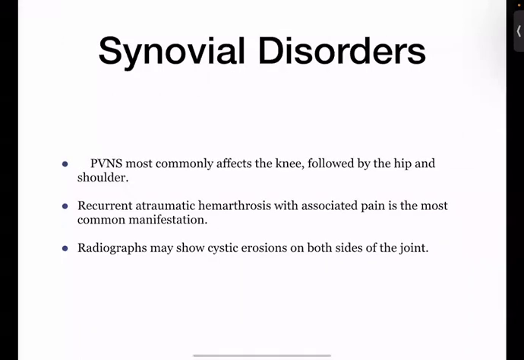Pigmented villonodular synovitis is a common synovial disorder. It affects mostly the knee, followed by the hip and shoulder. I've never seen hip or shoulder, but I've seen knees and ankles. In sequence: knee, hip, shoulder, in big joints.